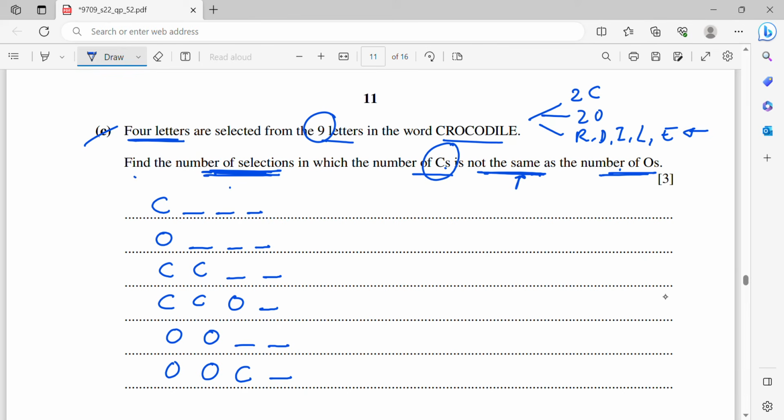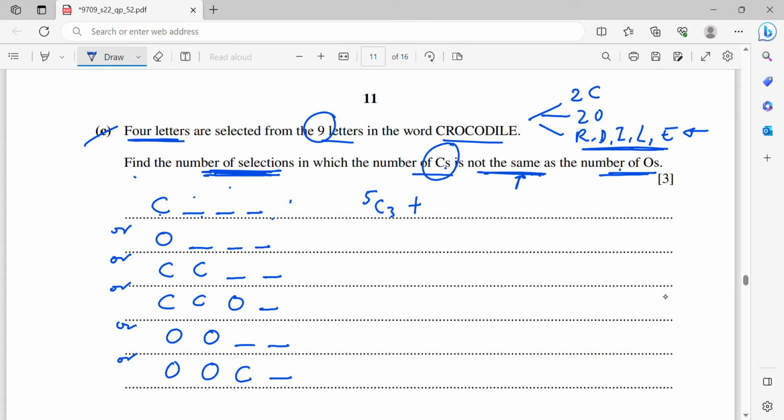So for your information, the first case, if you just choose C and the other 3 are not O, means that you have to choose from these 5. Alright, so I will say it is 5 choose 3. That is for the first case. All this will be all. So now for the second one, all is plus, right?